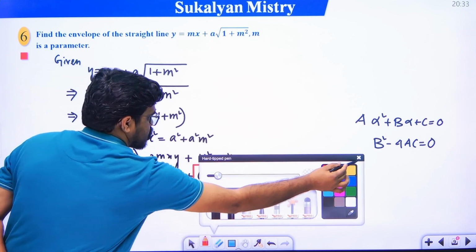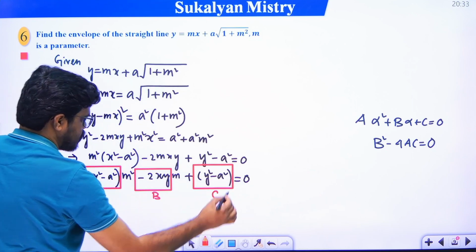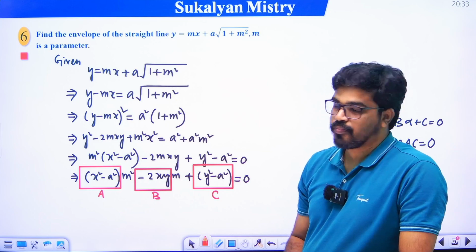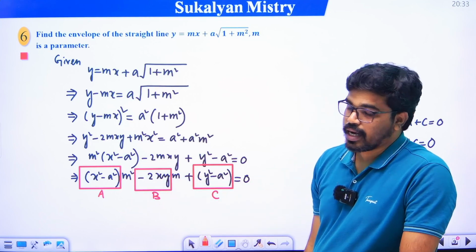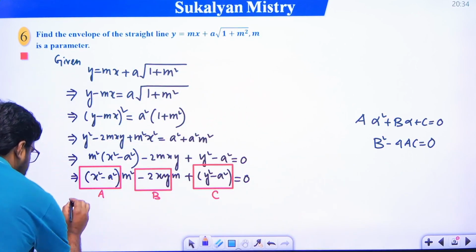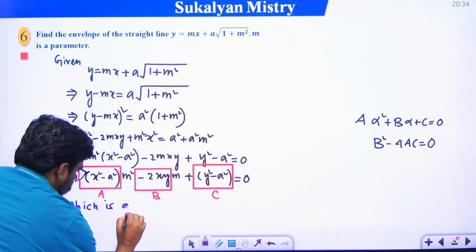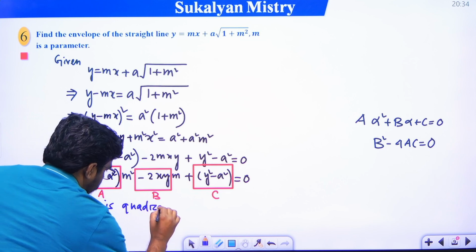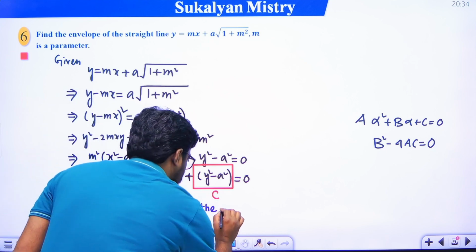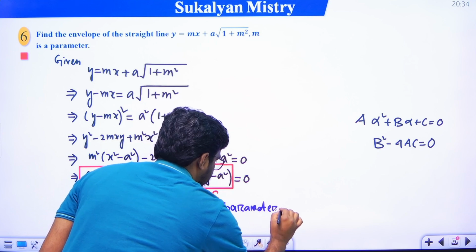So a alpha square plus b alpha plus c is equal to 0. M is a parameter, right? So which is quadratic in the parameter m.